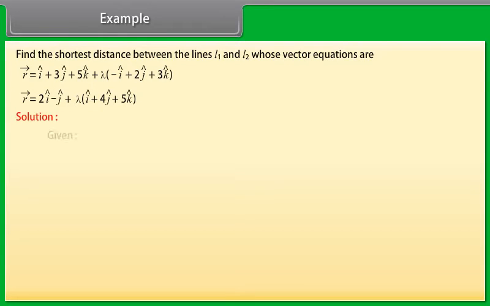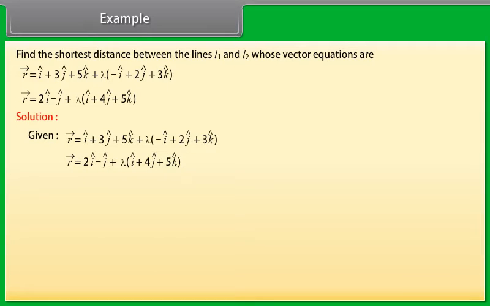Solution. Given vector r equals i cap plus 3 j cap plus 5 k cap plus lambda times minus i cap plus 2 j cap plus 3 k cap, and vector r equals 2 i cap minus j cap plus mu times i cap plus 4 j cap plus 5 k cap.